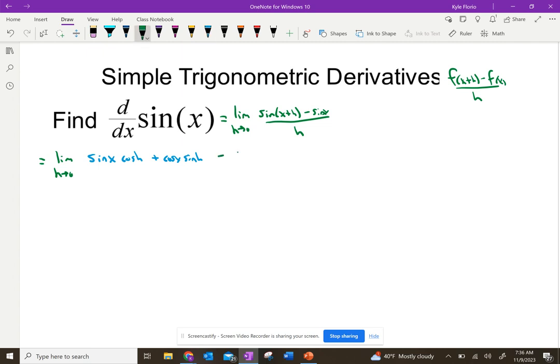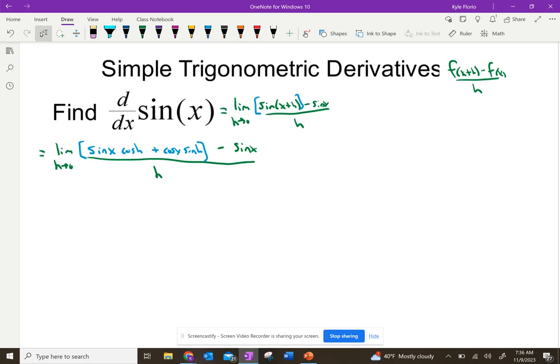And then we still have the minus sine of x over h. So this part right here is right here as h goes to 0. And then what I'm going to do here, because nothing seems obvious, is switch these two terms.